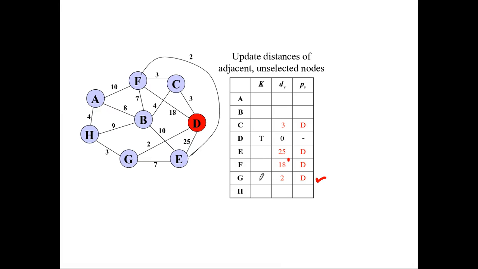So I take the path to G, moving from D to G. I'll have a red line here, which implies that I started from D, took the minimum path, and moved to a node called G.